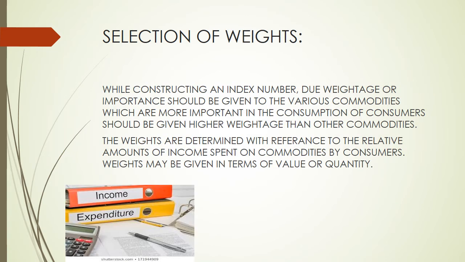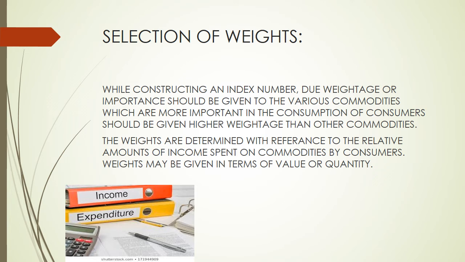Next one, the selection of weights. While constructing an index number, due weightage or importance should be given to the various commodities. Those which are more important in the consumption of consumers should be given higher weightage than the other commodities. The weights are determined with reference to the relative amounts of income spent on the commodities by the consumer. Weights may be given in terms of value or quantity.